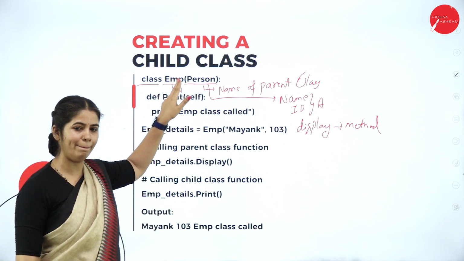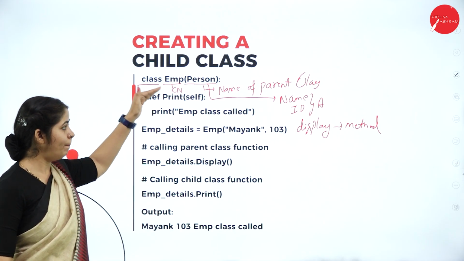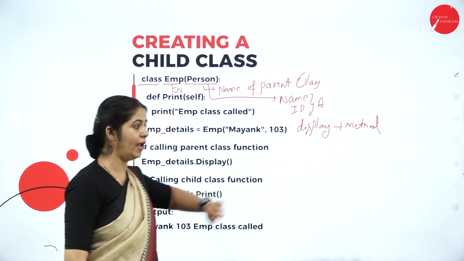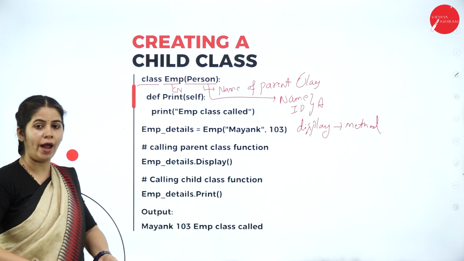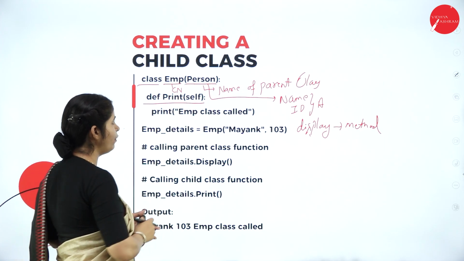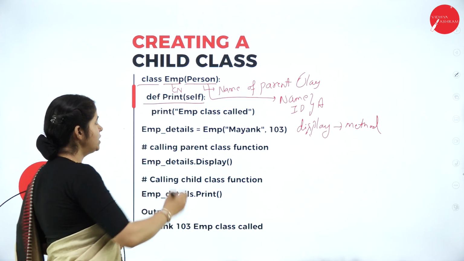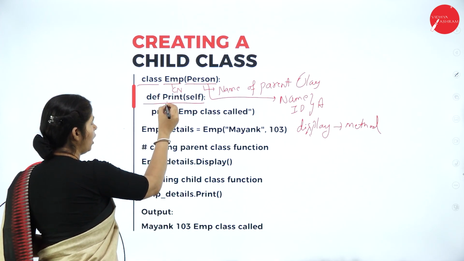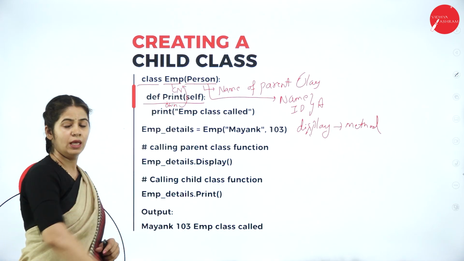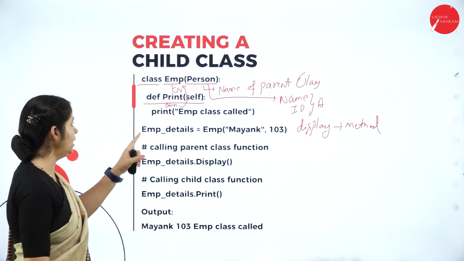EMP stands for employee here. Apart from these attributes and methods, it will have its own attributes and methods. So here we have defined one function called print, which is a self-defined, its own method of the child class.